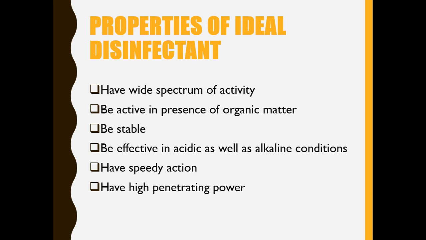If you are applying the agent on a surface and there is already some component on the surface, it should be able to penetrate up to the microorganism and act on them. So they should have high penetrating power. Then and only then will they act on the microorganism.